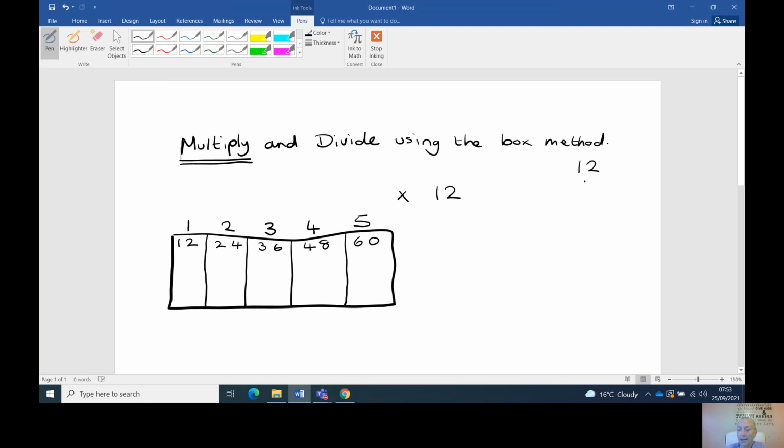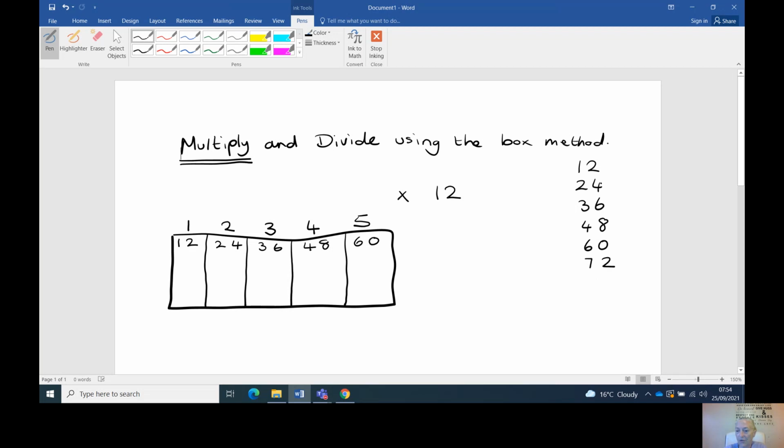12 plus 12 is 24, plus 12 is 36. There's a pattern here. Plus a 12, which is 48. Plus the 12 is 60. Then we're going to go 72.